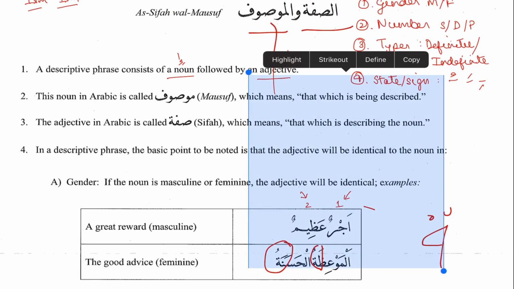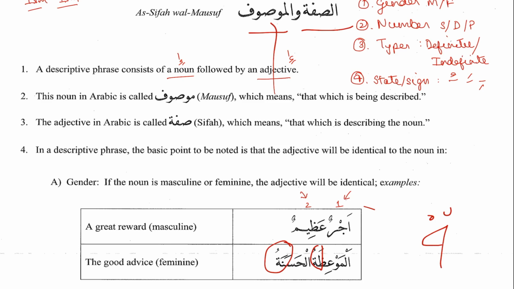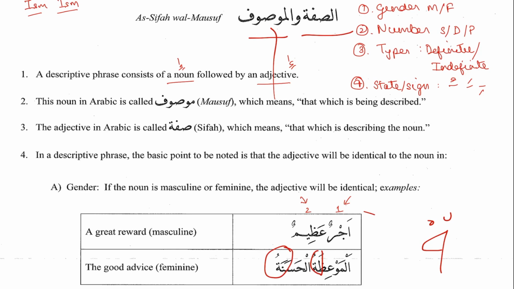Both these nouns will have all the same properties. Ajrun is male, azimun is also male. We'll cover the male and female nouns, the muzakkar and the muannas, in much more detail in the following lessons, inshallah. They're both male and both singular. And they're the same type: are they definite or indefinite?